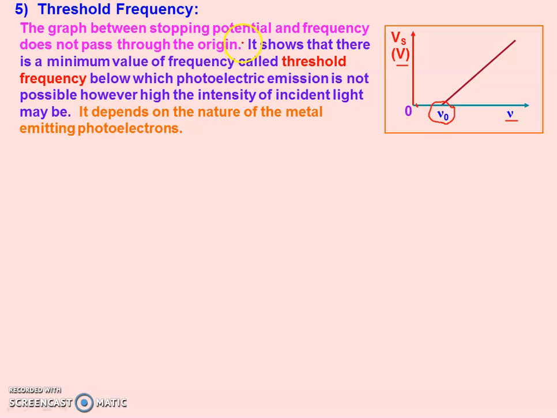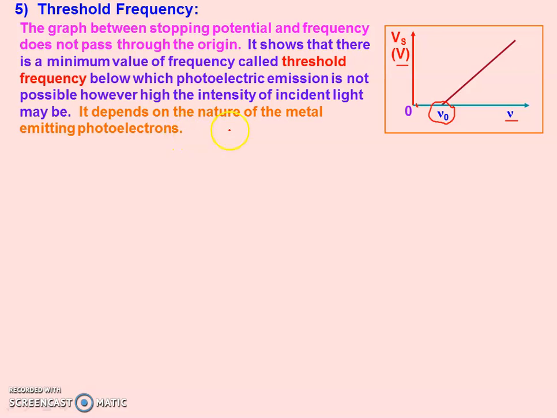The graph between stopping potential and frequency does not pass through the origin, because near the origin the frequency is very small. It shows that there is a minimum value of frequency called threshold frequency, below which photoelectric emission is not possible, however high the intensity of incident light may be.